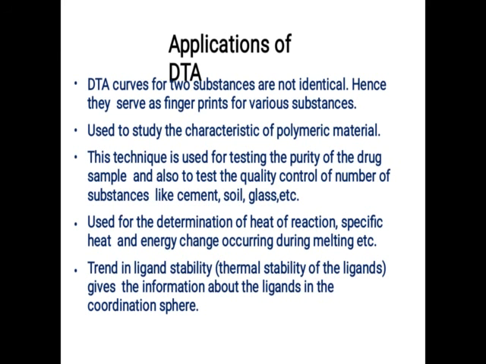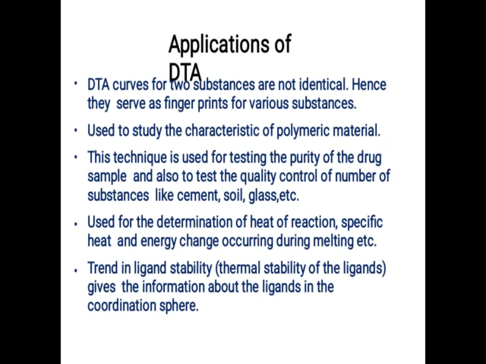Next, what are the applications of DTA? DTA curves for two substances are not identical. Hence, they serve as fingerprints of various substances. The DTA curve of calcium oxalate is different from the DTA curve of silver nitrate.